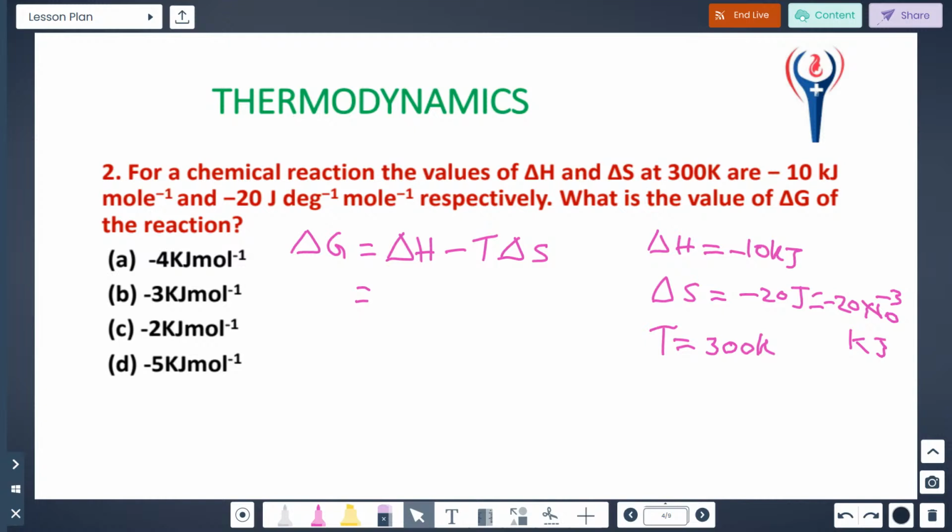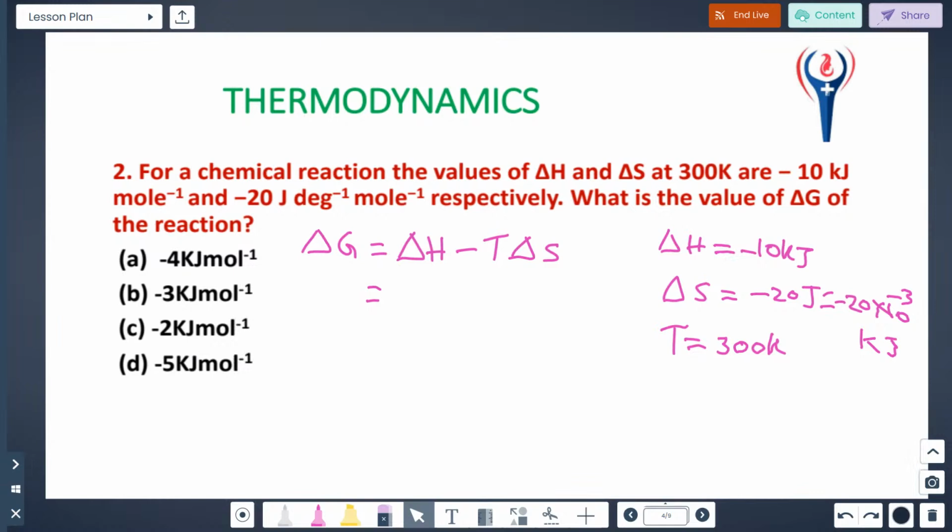So this is minus 10 minus, T is what? 300. Delta S is minus 20 into 10 power minus 3.